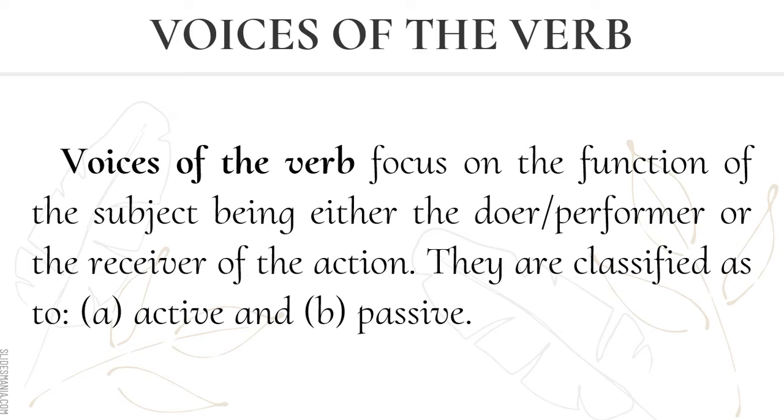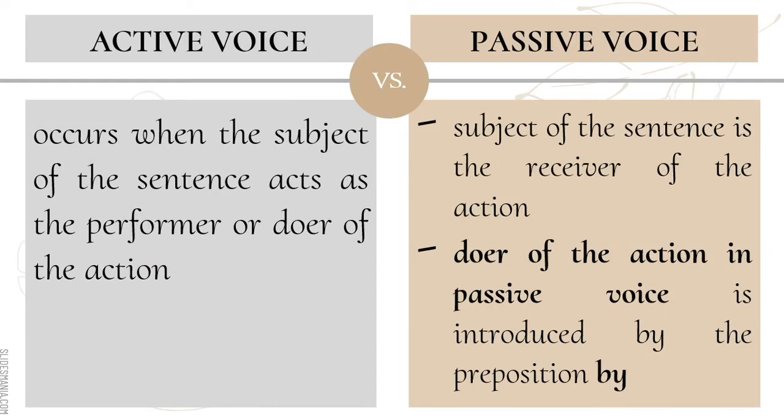Okay, so basically we are talking about the subject. Let us identify first what the subject is. The subject is the one we are talking about in a sentence. Now, if that subject is the doer of the action, therefore, that is in active voice.